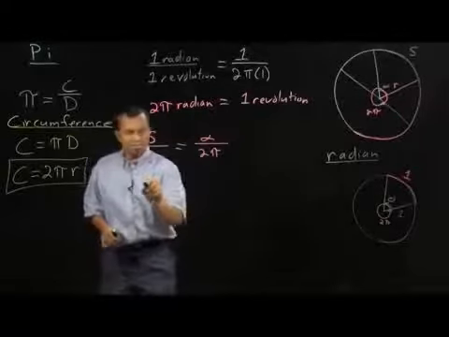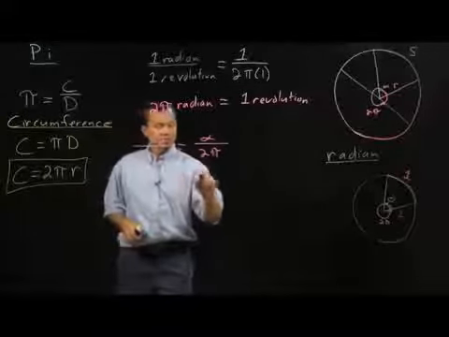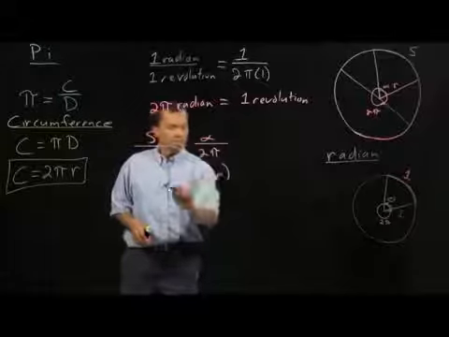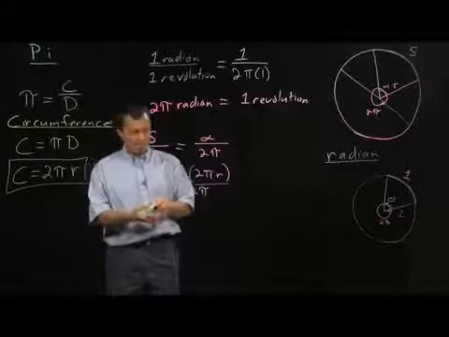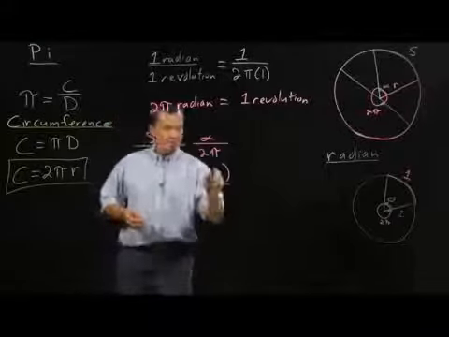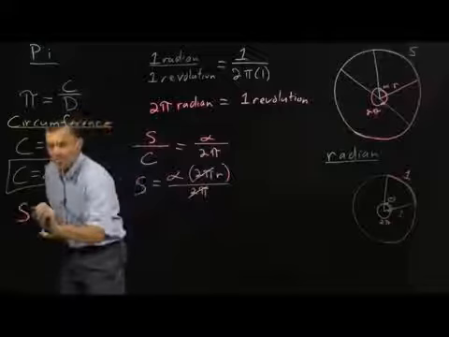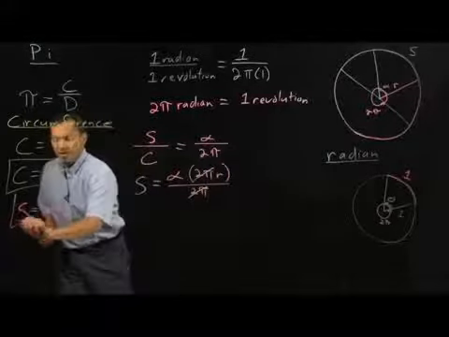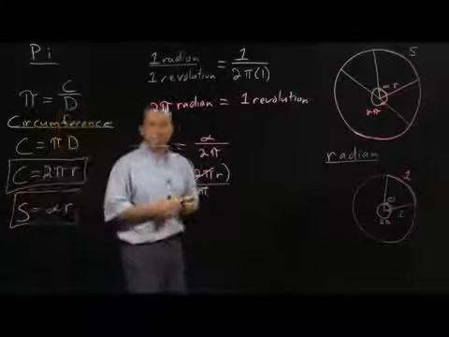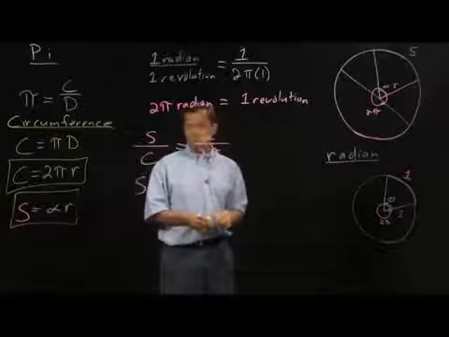A little bit of algebra, multiplying up by the circumference, dividing by 2 pi, we find out that the 2 pi's will divide out. And the arc length is the angle that you rotate times the radius of the circle. So those are 2 nice formulas that we have.